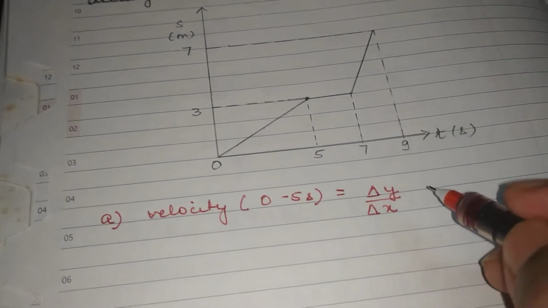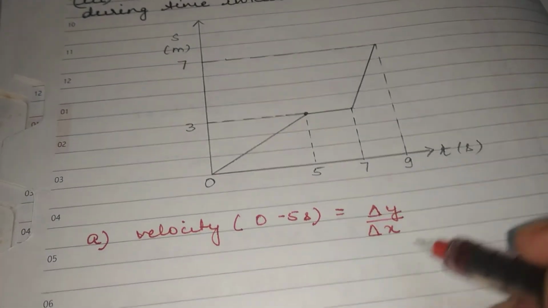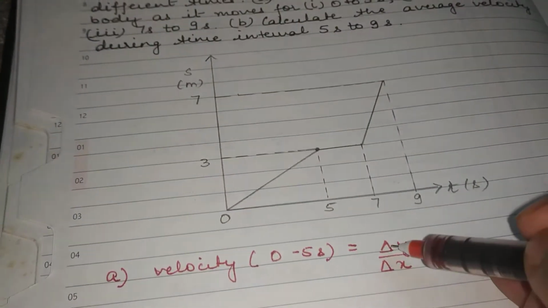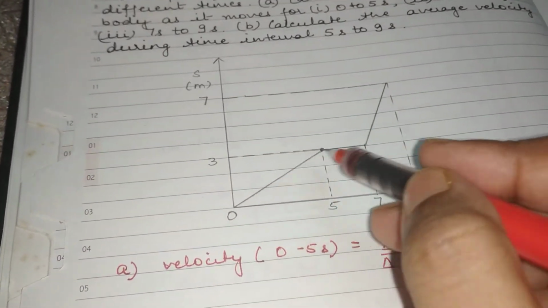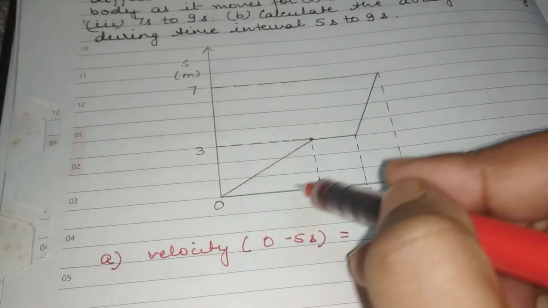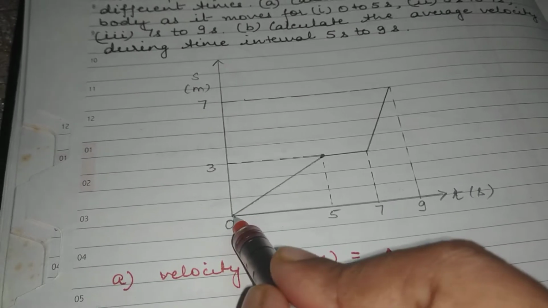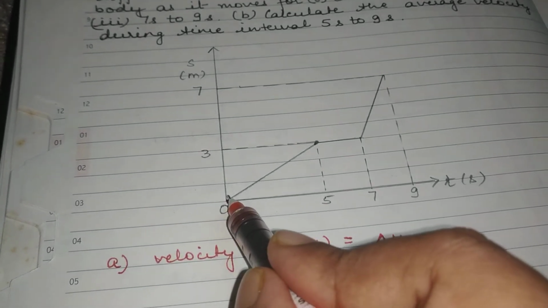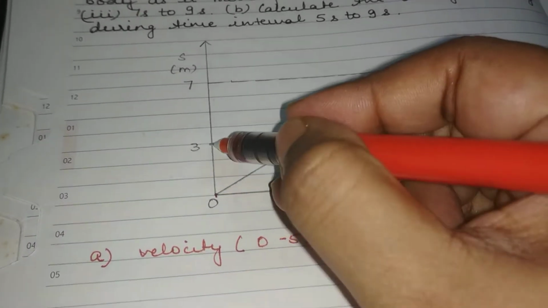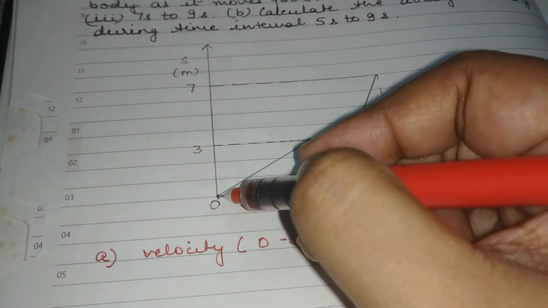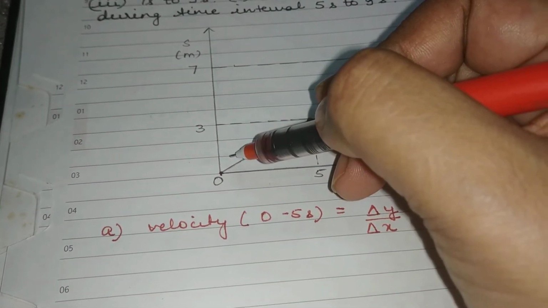However, there are other proper methods, but in class 9 standard we'll teach you this only. So delta means change. That means there is one initial point and one final point. If you concentrate on this part of the graph only, this is the initial point and this is the final point. So initial point is at origin, that means 0, and final point is 3, that means final point is here, that means 3, right? So initial point is 0, final point is 3, and this is on the y-axis, children, okay?